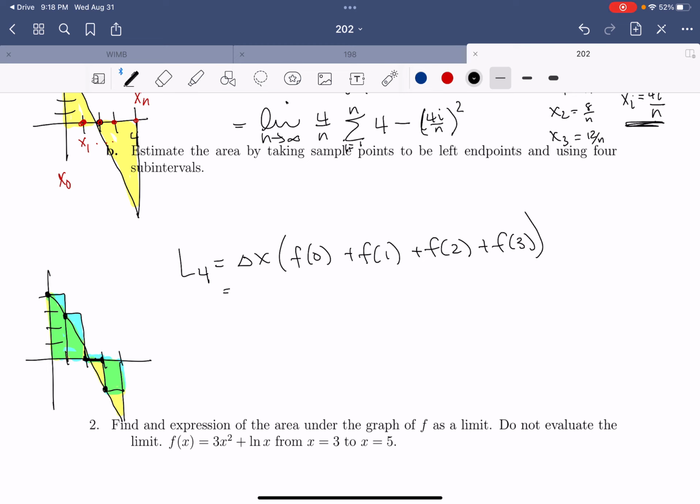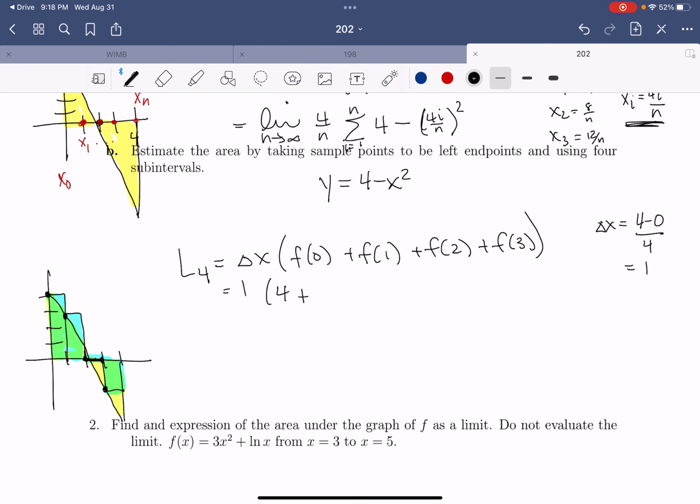Our delta x is 4 minus 0 divided by 4 subintervals gives us 1. So delta x is just 1. And then we're plugging in. So remember that we're working with y equals 4 minus x squared to plug in. So when you plug in 0, you get 4.